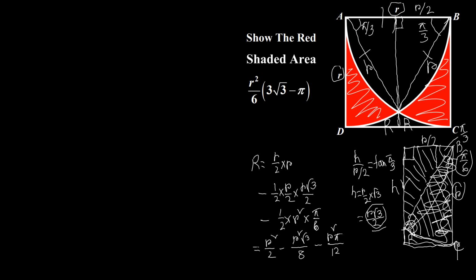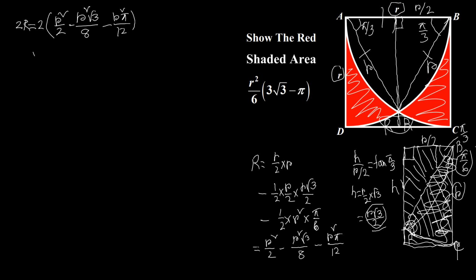So twice of this area you can definitely get on both sides from here. Let me do that. 2r, we can write 2r. 2r means we have to multiply 2 into the whole area. From here the value we got is r square by 2 minus r square root 3 by 8, then r square pi by 12.